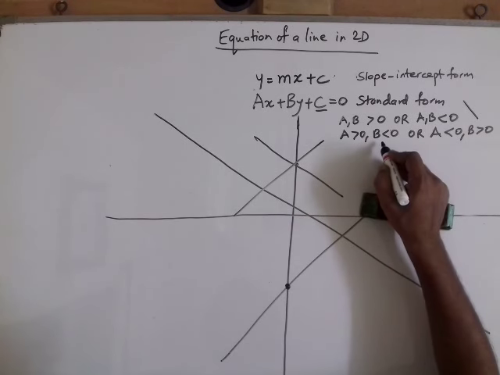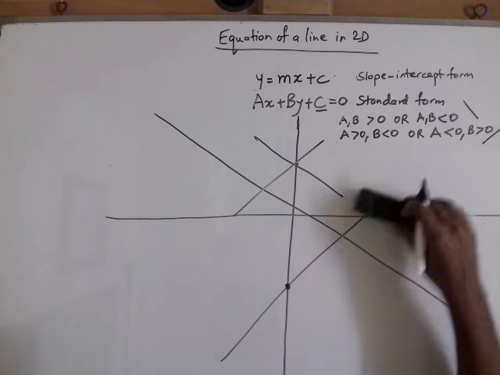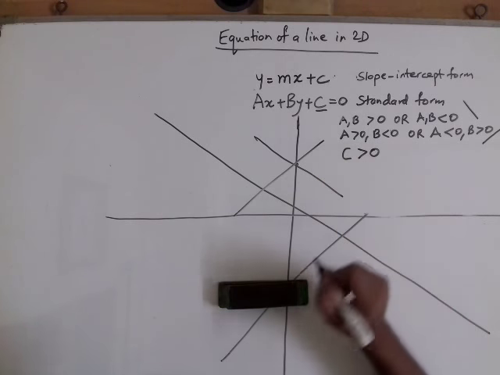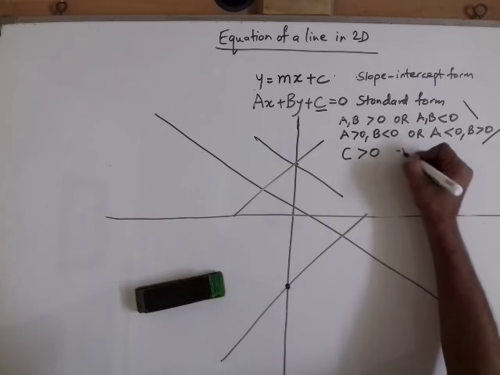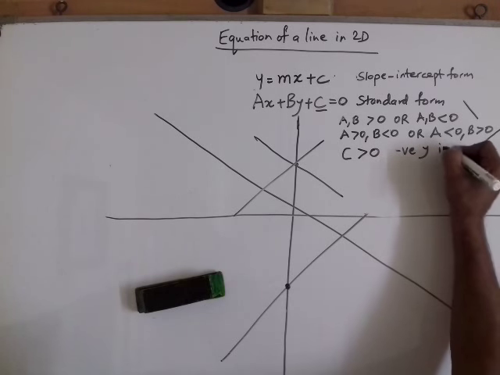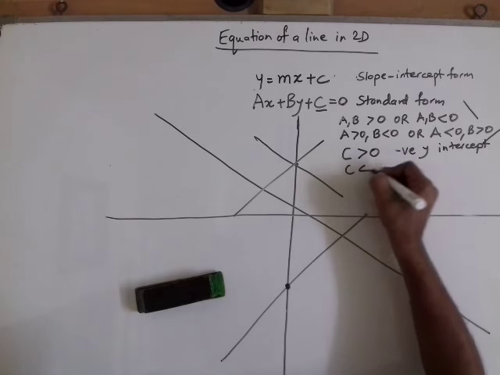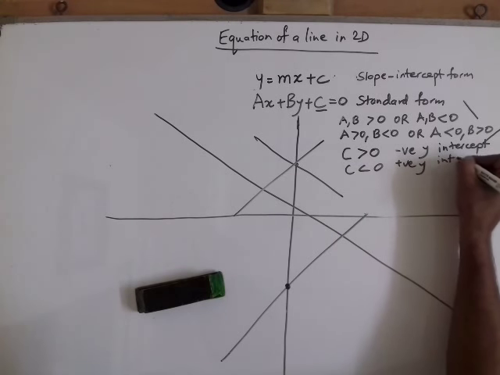If one of them is positive and one of them is negative, I get a line like this. Okay. If c is greater than 0, then I am going to have a negative y-intercept. And if c is less than 0, I am going to have a positive y-intercept.